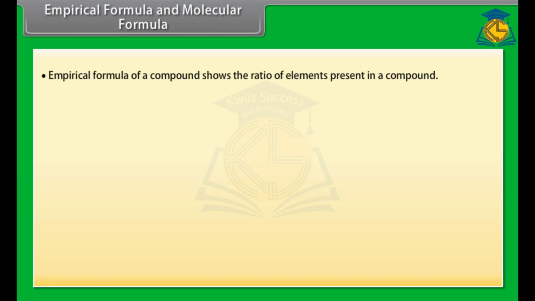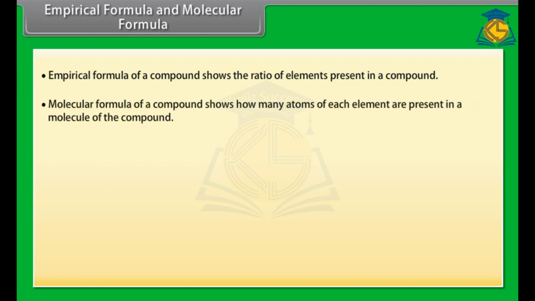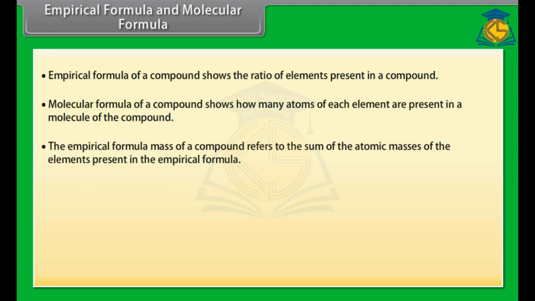Empirical formula and molecular formula. The empirical formula of a compound shows the ratio of elements present in a compound. The molecular formula of a compound shows how many atoms of each element are present in a molecule of the compound. The empirical formula mass of a compound refers to the sum of the atomic masses of the elements present in the empirical formula.